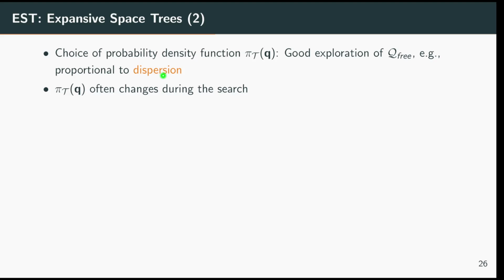That means that if you want to explore really well, we should always pick an element that doesn't have many neighbors, right? And in RRT, that was implicitly achieved with the KD tree lookup. Here we need to do it explicitly by defining our distribution.